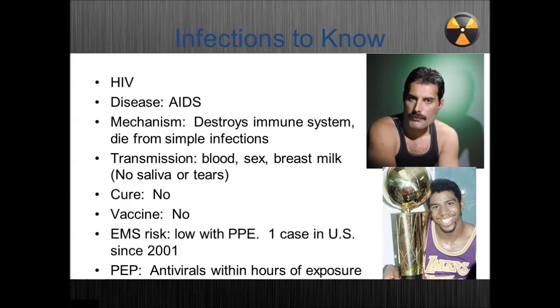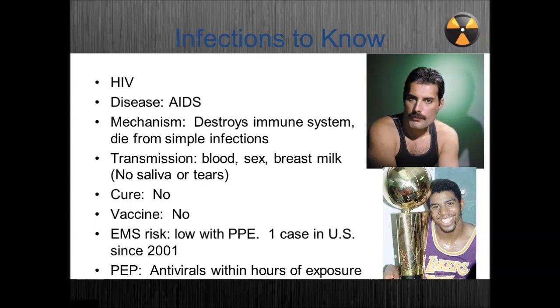And when your immune system is no longer present, then HIV is said to cause the disease called AIDS. Does that make sense? HIV is the virus, AIDS is the disease that it causes, and it destroys your immune system. You can get infected from blood, from sexual intercourse, and even breast milk, and contrary to belief, saliva or tears will not cause you to get infected with HIV.